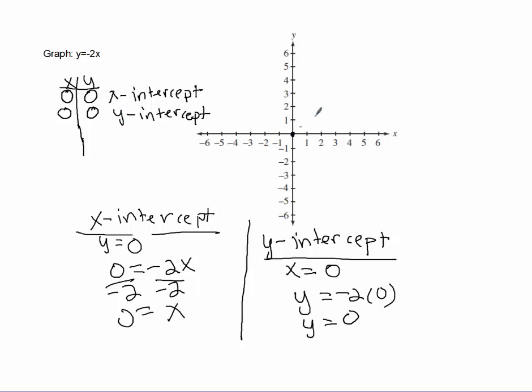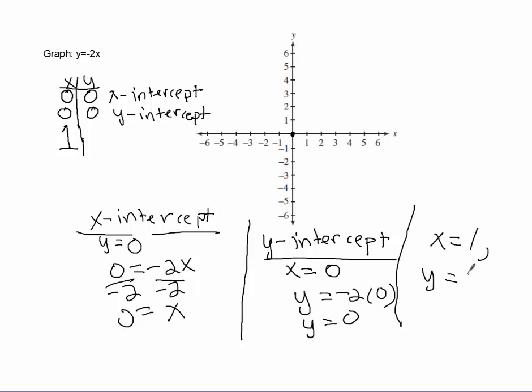And we know that we can't graph a line with one point, so generally we use a third point to be safe, to check, but for equations where this happens, we actually do have to use a third point to get a line, because otherwise we just have one point. So I'm just going to randomly pick 1 and find out what y is when x is equal to 1.